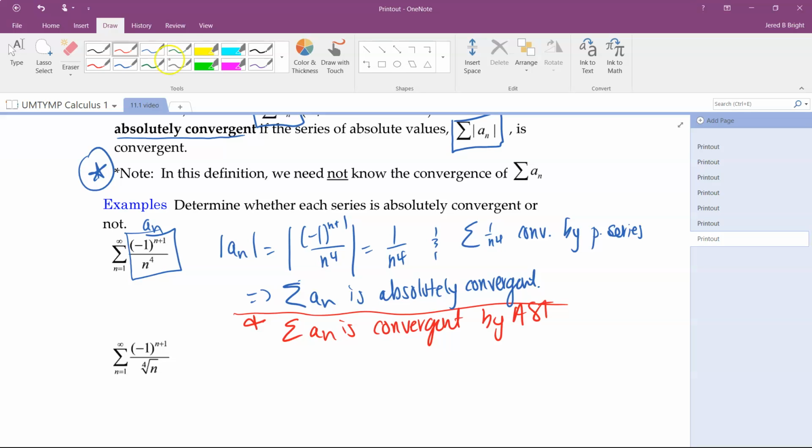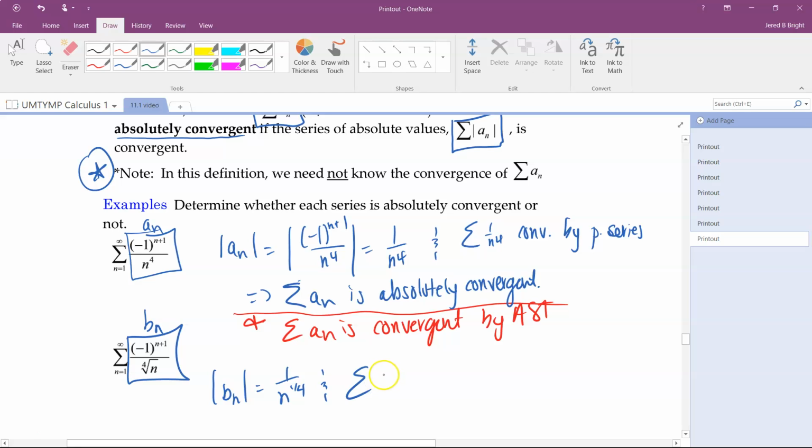Now similarly for this next one, let's call this b_n, just for something different. If we look at the absolute value of b_n, that's going to be 1 over n to the 1/4. The associated series of that, 1 over n to the 1/4, is divergent by the p-series test.